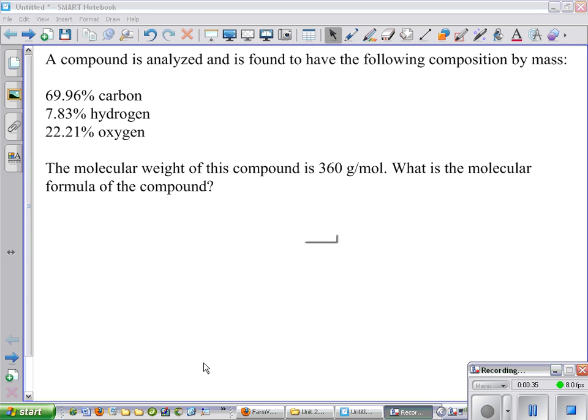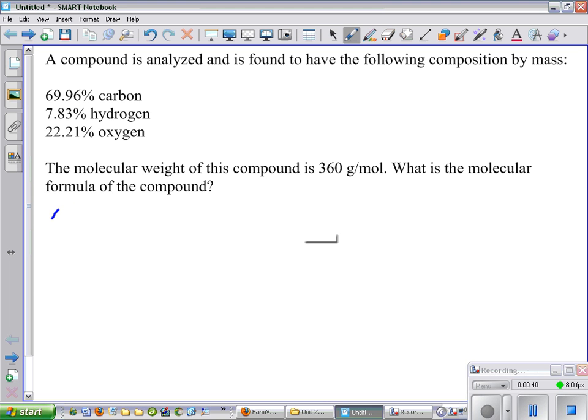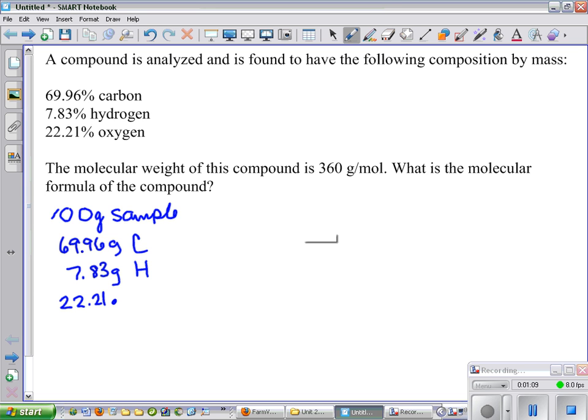The first thing we're going to do is assume that we have a sample that is 100 grams, because this is a very convenient number. If we have 100 grams of sample total, that means 69.96 grams of it will be carbon, 7.83 grams of it will be hydrogen, and 22.21 grams of it will be oxygen.